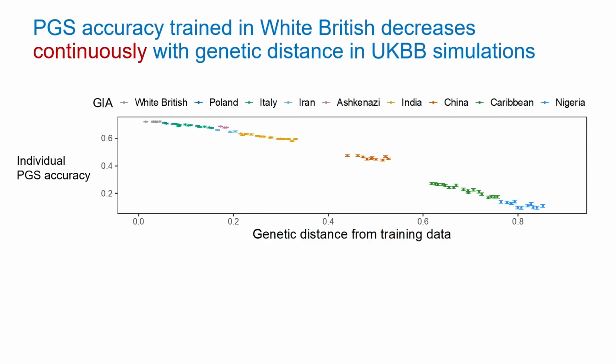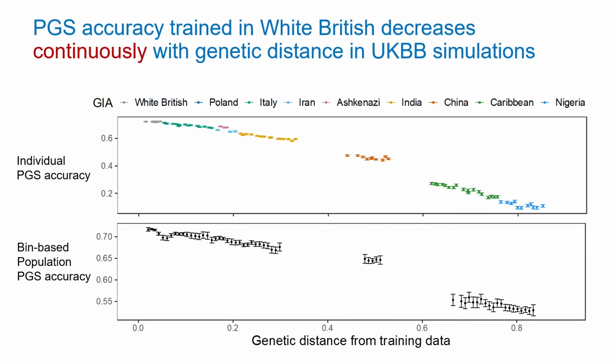UK Biobank is a collection of 500,000 individuals collected within the UK, and they reported where they're coming from, although they're living in the UK. We see that accuracy begins to drop quite linearly as the genetic distance moves these people away from the training data, which is labeled as white British.